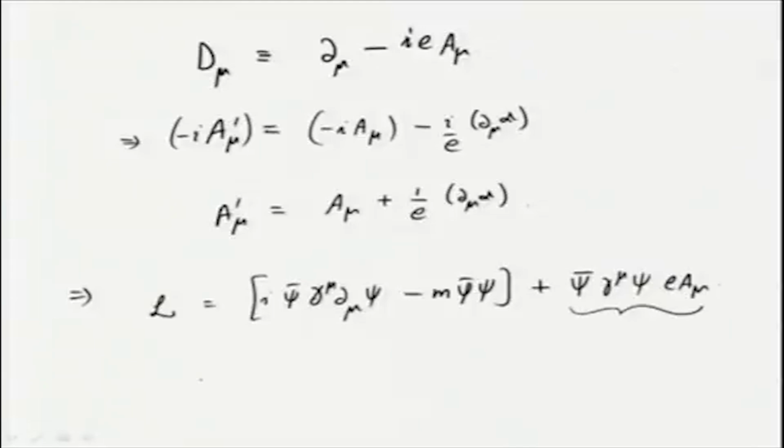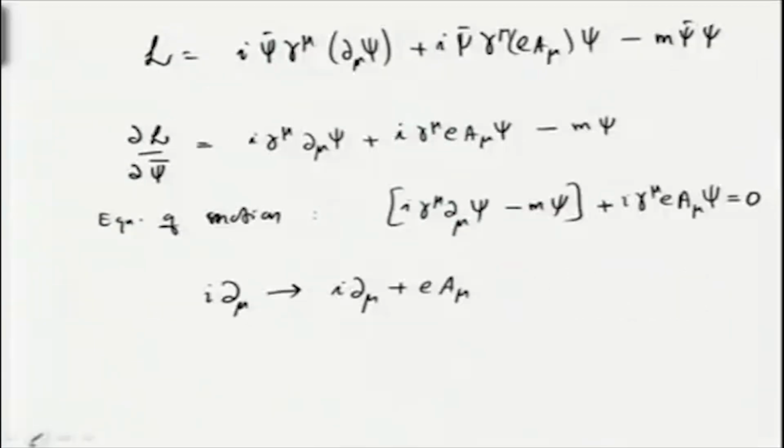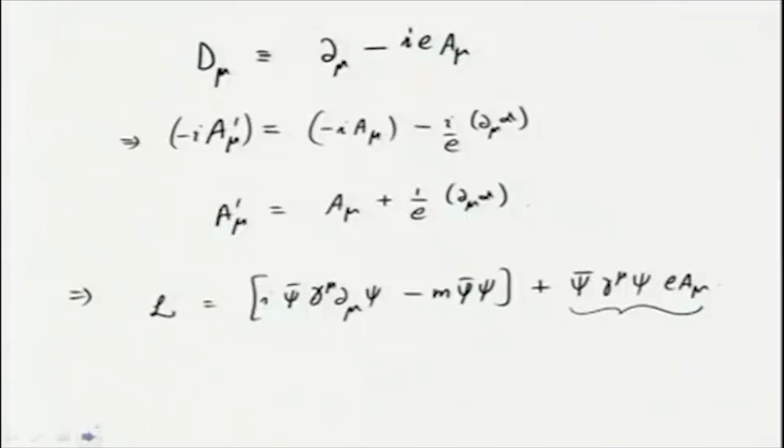So, essentially what we have achieved by insisting on the Lagrangian to be invariant under the gauge transformation is that we are then forced to introduce an electromagnetic interaction of the particles.